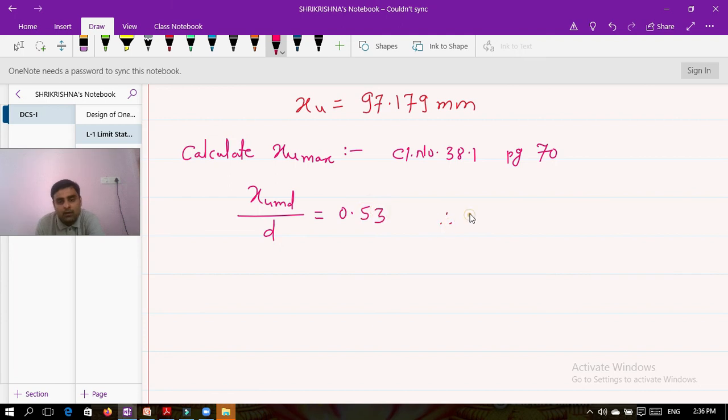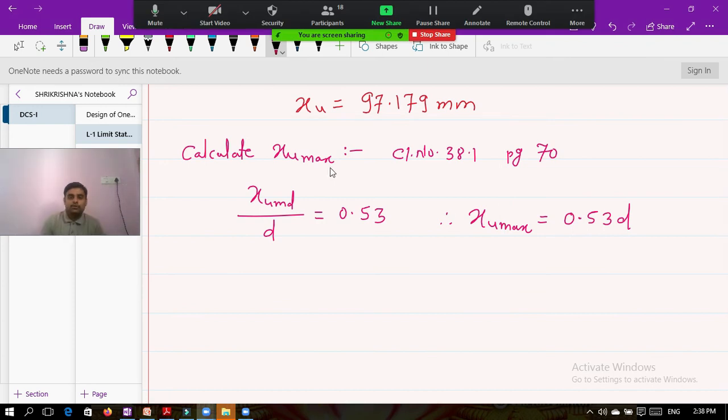Therefore, Xu max is equal to 0.53 d. So here we can write Xu max is equal to 0.53 into 450. What is the answer? What is the value of Xu max?